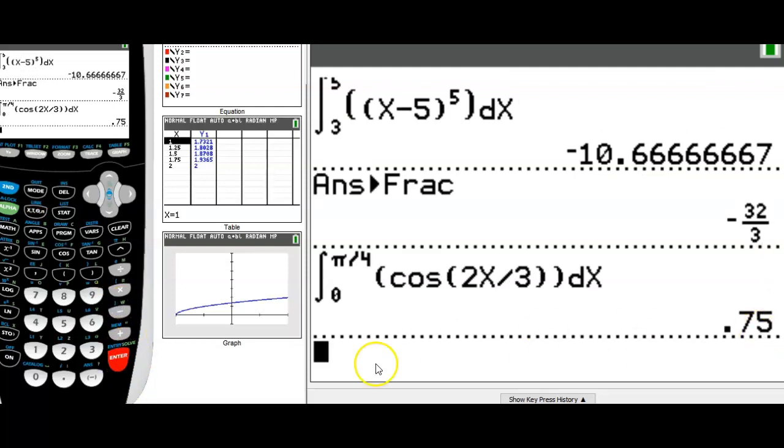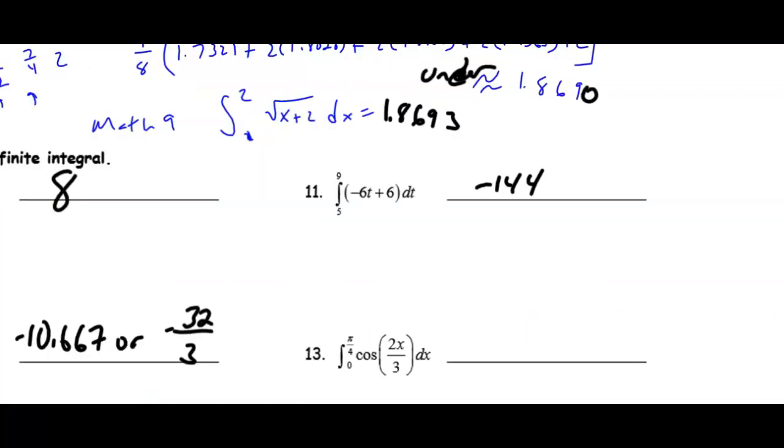And as you see, we got 0.75 or 3/4. Alright.